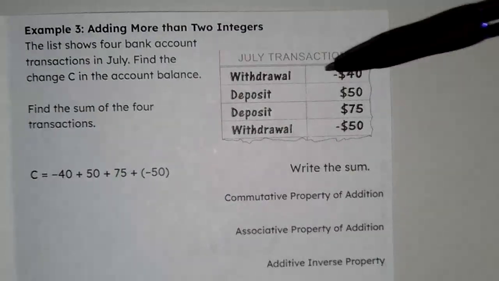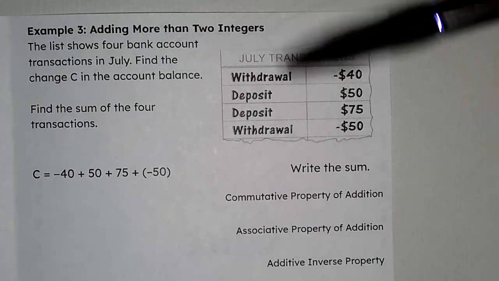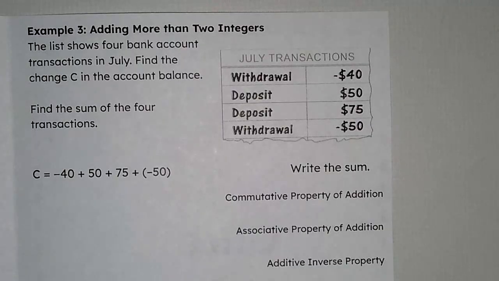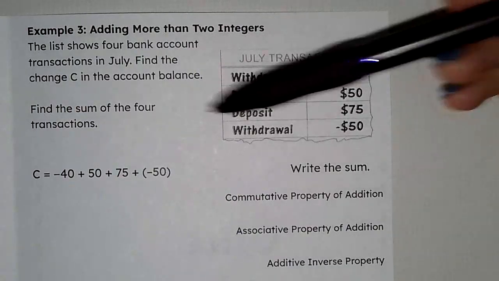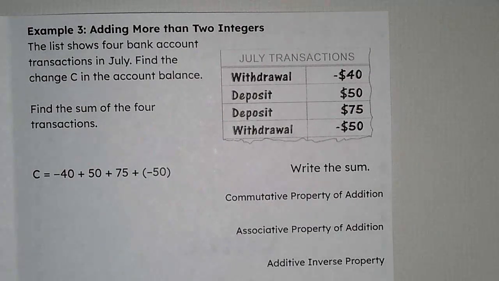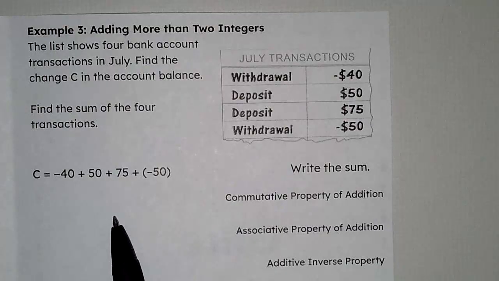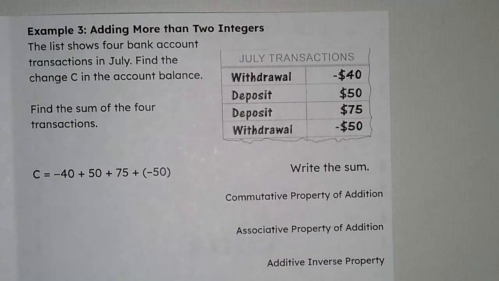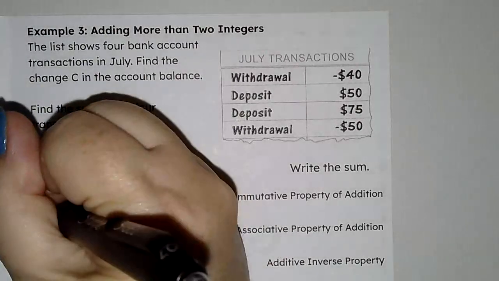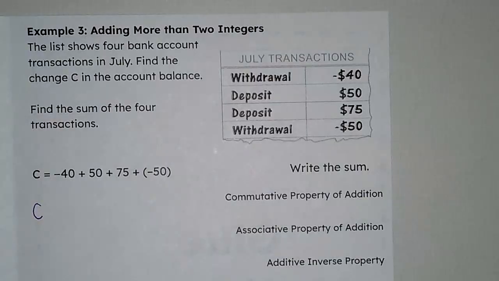Okay, and we can do that same thing if we are adding more than 2 integers. So the list shows 4 bank account transactions in July. Find the change C in the account balance and find the sum of the 4 transactions. So first we're going to write the sum, and then we're going to use the commutative property of addition to put all of our negative numbers together and all of our positive numbers together, because we can add in any order.